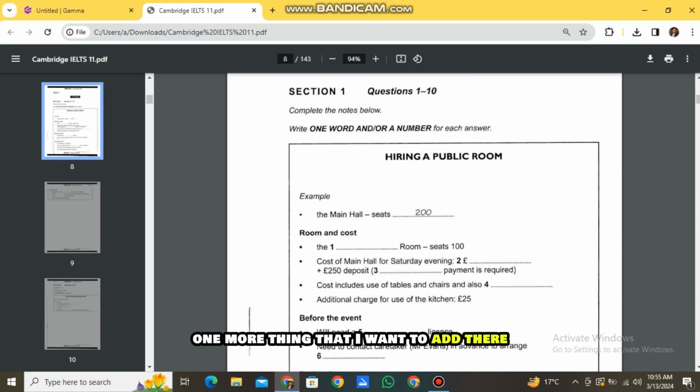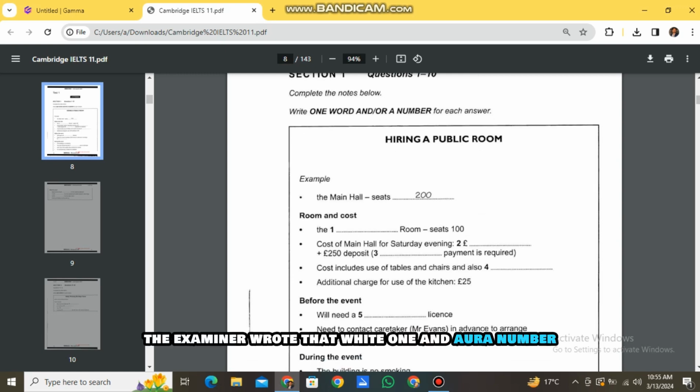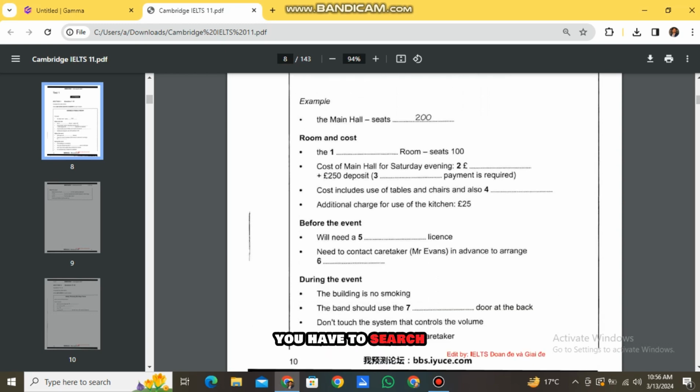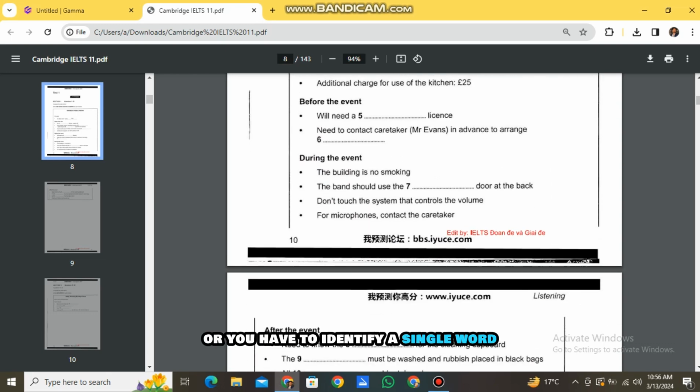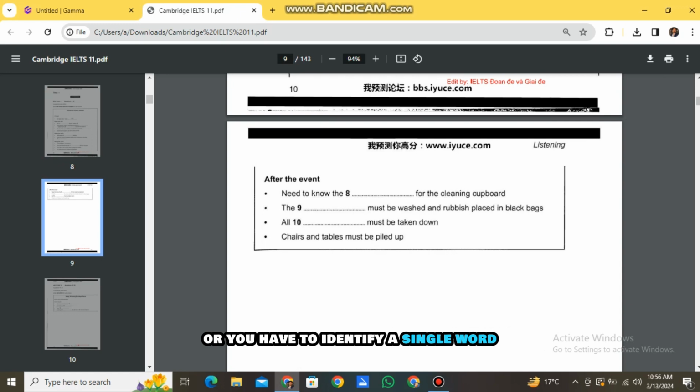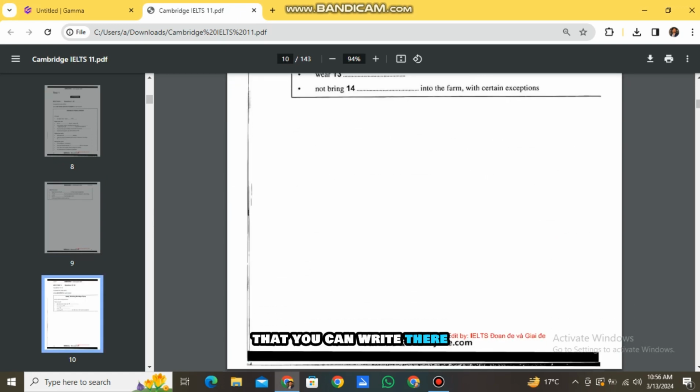One more thing that I want to add: you can see that here the examiner wrote, write one word and/or a number. So what does it mean? It means you can write a single word answer there. So you have to search for and identify a single word that you can write there.